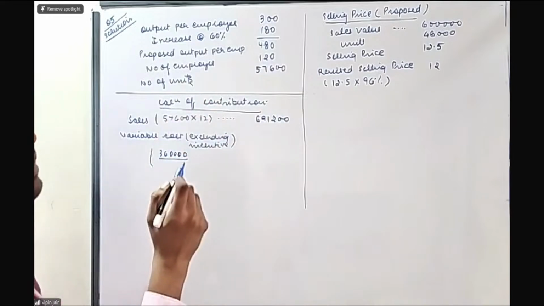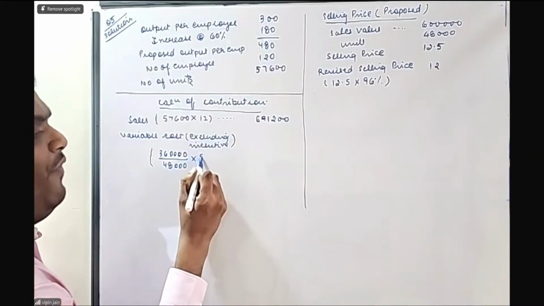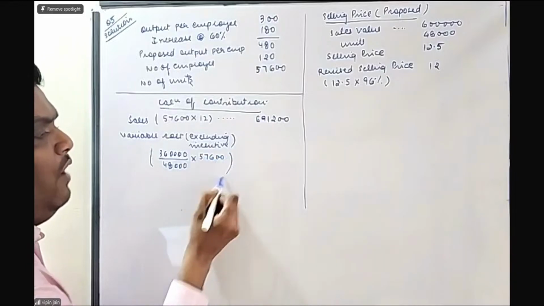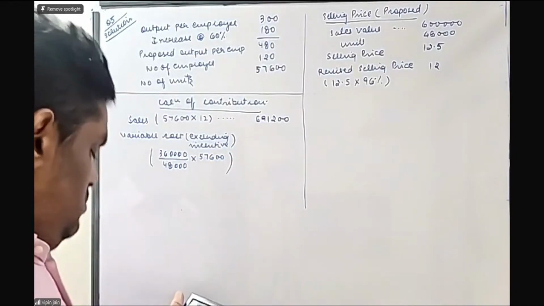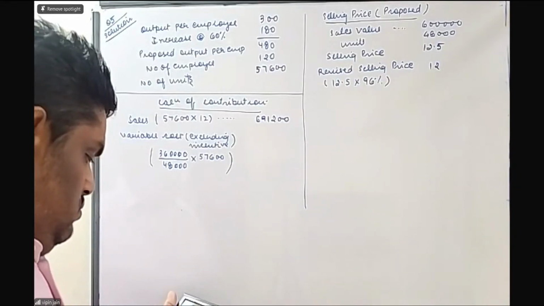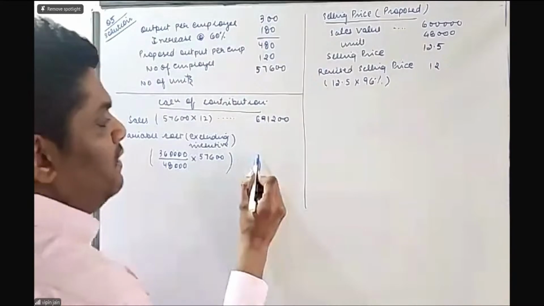This is for how many units? These were for 48,000 units. So for 57,600, how much will be my variable cost? 4,32,000.